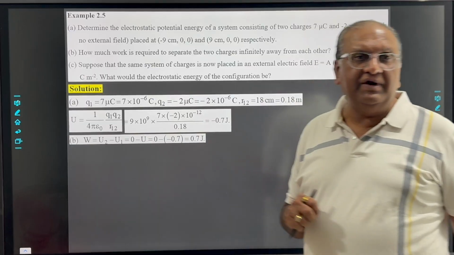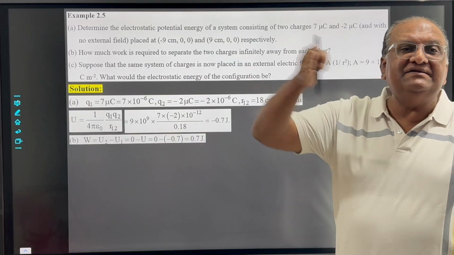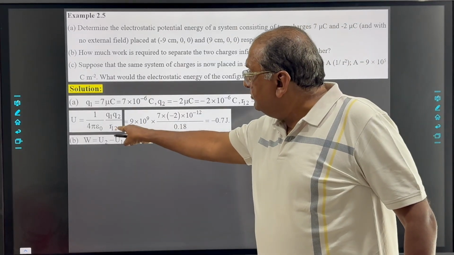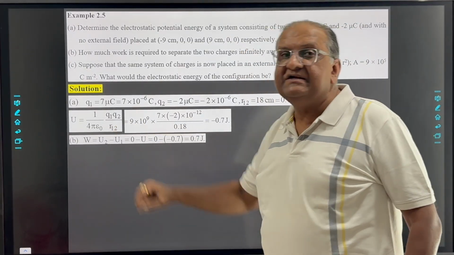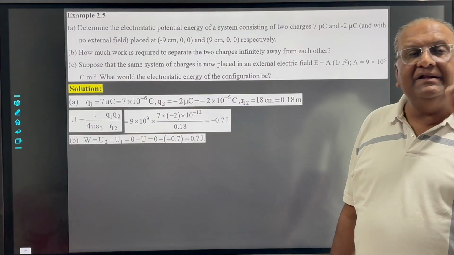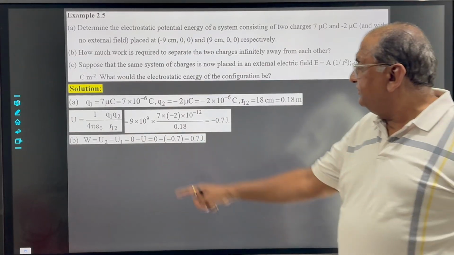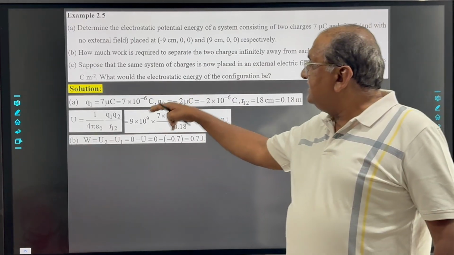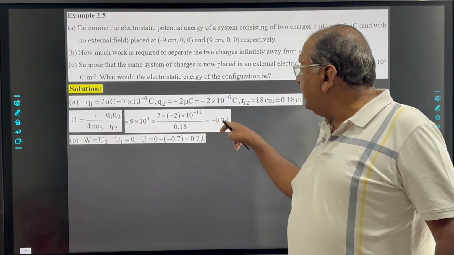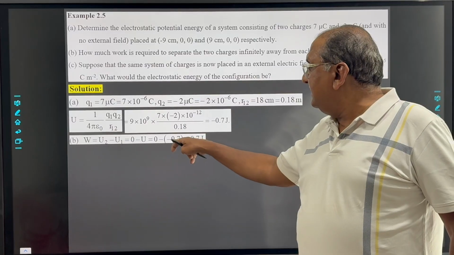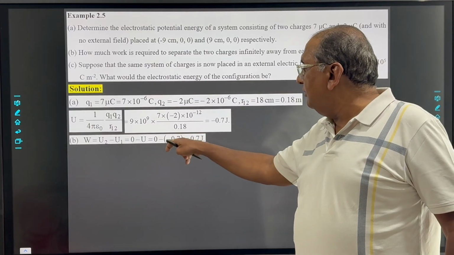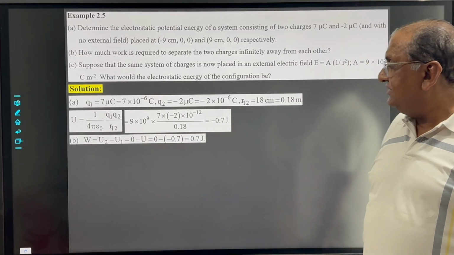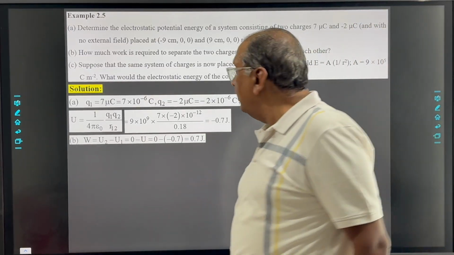So U2 minus U1. Now when these two charges are separated by infinite distance, then as per this equation you can understand if this distance is infinite, then the potential energy will be 0. So U2 is 0 and U1 at this particular position we already calculated. So minus 0.7. So 0 minus 0.7. So your answer is 0.7 joule.